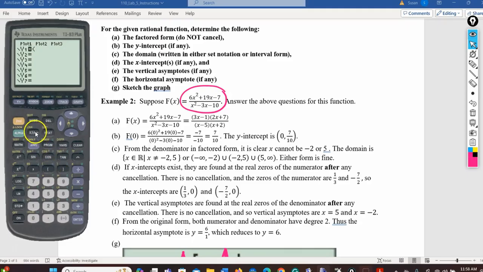So I'm going to have 6x squared plus 19x minus 7, all divided by x squared minus 3x minus 10. And I'm going to start with a zoom 6.